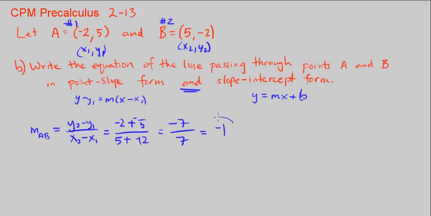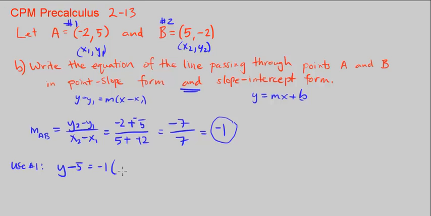So I want this slope, and then I can use either one of these points. No matter which one I'm going to use, I'm going to get the same equation. So if I use point number 1 right here, and I plug it into my point-slope form, I get y minus, well, what is y1? 5 equals, what's the slope? Negative 1 times x minus x1.